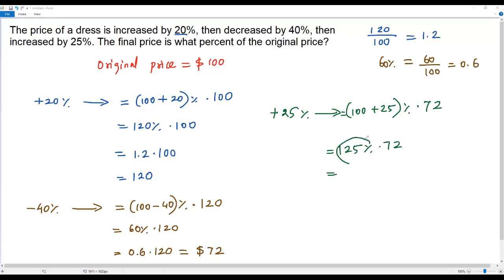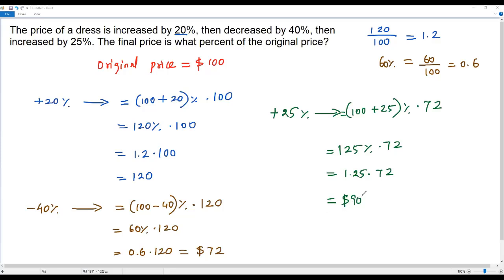And if I convert this 125% to decimal, it will become 1.25 times 72. Okay, now let me multiply these two values. I'm getting 90, that is $90. So after the final change, that is the price is increased by 25%, the final price of the dress is $90.